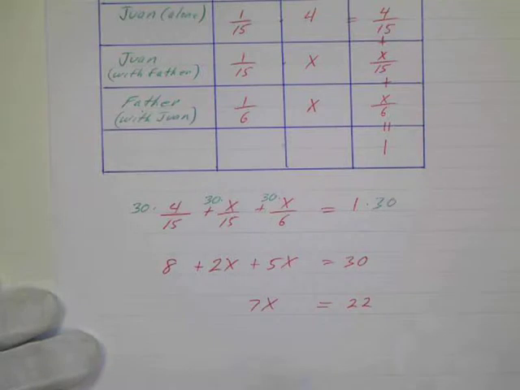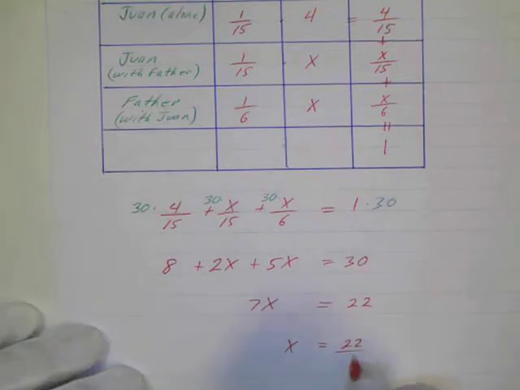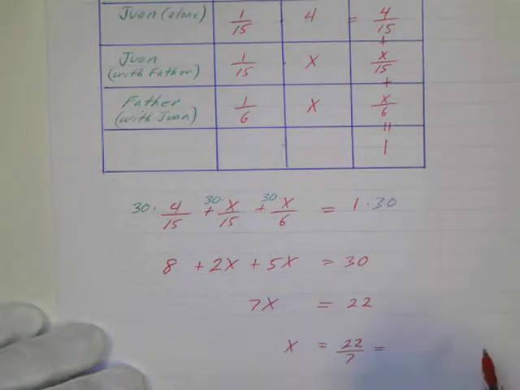Then if I divide both sides by 7, X equals 22 over 7. And 7 goes into 22 3 times with 1 left over, so 3 and 1/7 hours.